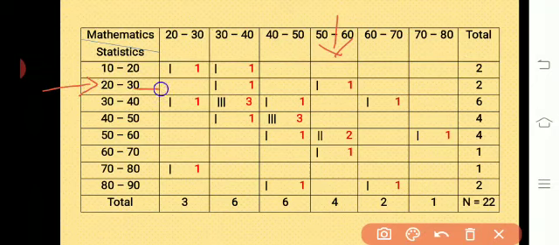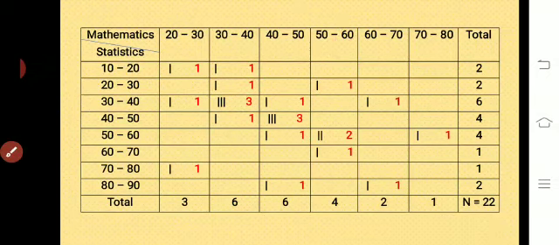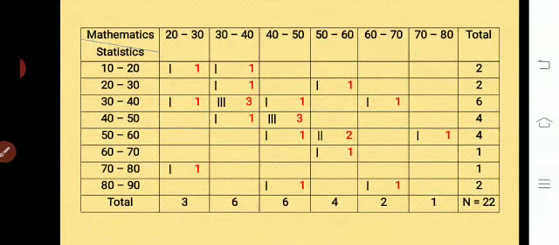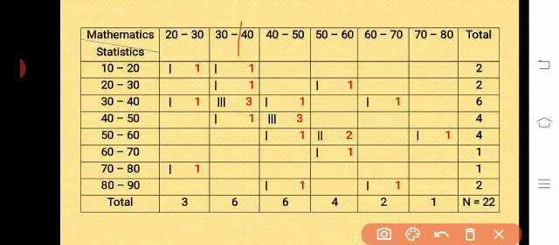The intersection of these two is here, so we give one tally mark for roll number 3. Similarly, we have roll number 4. The marks in mathematics are 32, which will come in this class interval, and marks in statistics are also 32, so it will come here.